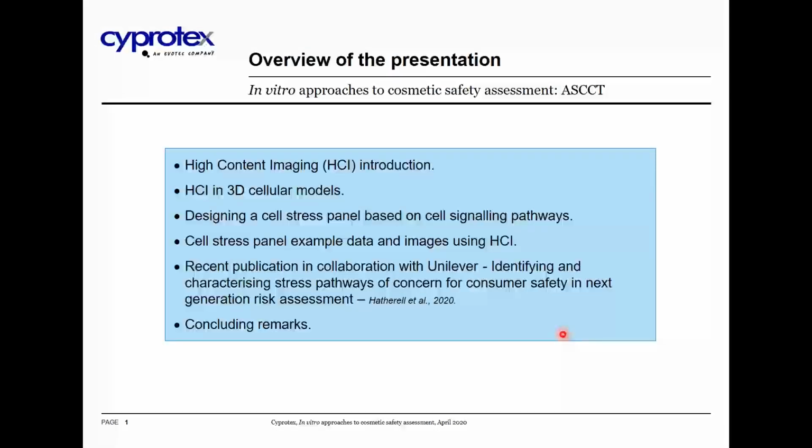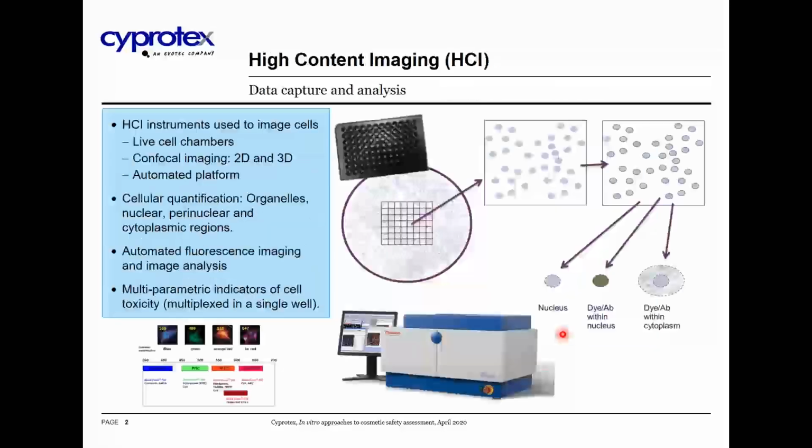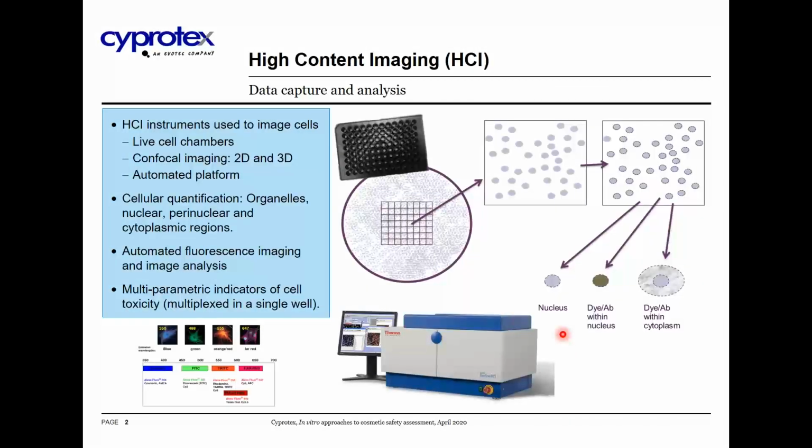We identify individual cells, we identify things like individual organelles within those cells, and we can split those cells into nuclear regions or perinuclear regions or the cytoplasmic region, and ask specific questions on reagents that we use to dye specifically those cells.